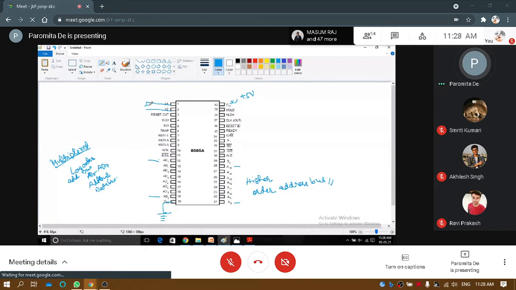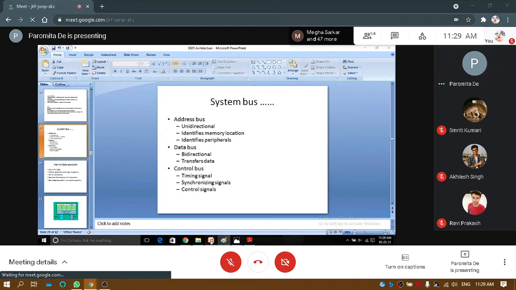Here I will connect a crystal, or I can connect an LC circuit or some RC circuit. I need to connect it because I need to have the frequency. We saw, what did we see? Let me go back.